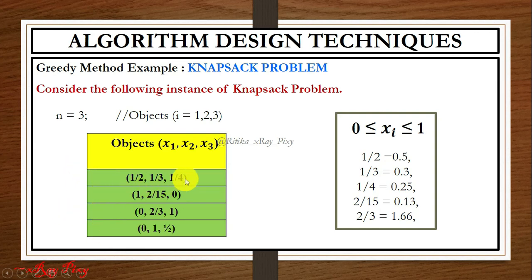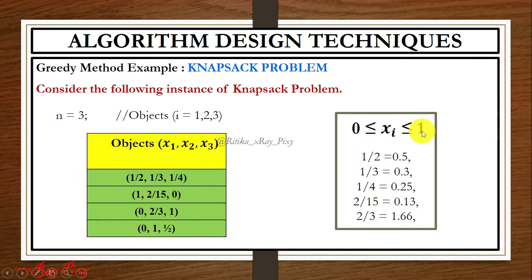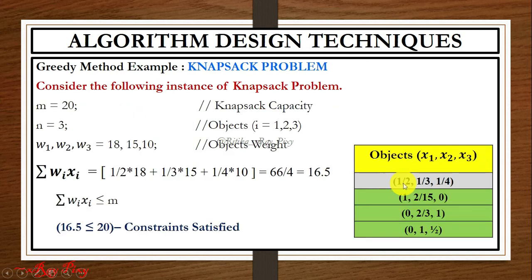First we will calculate values for the first set, this one. So here this constraint is satisfied. Now we want to place the object inside the knapsack, and knapsack capacity is 20. Now we will calculate the weight for each object. So for this set you can see, put all the values here. First object x1, x2, x3, and we have weights for x1, x2, x3, and we got 16.5.